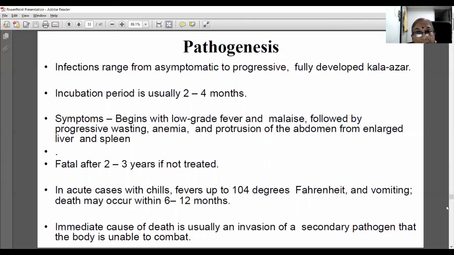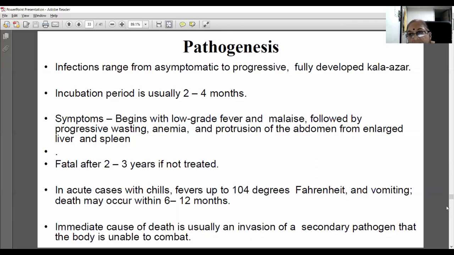Now, if the person is not detected and treated, after 2 to 3 years the disease becomes fatal.